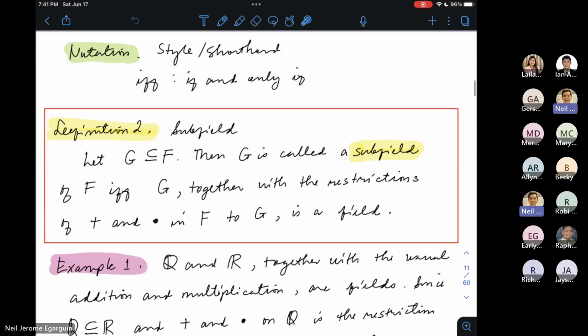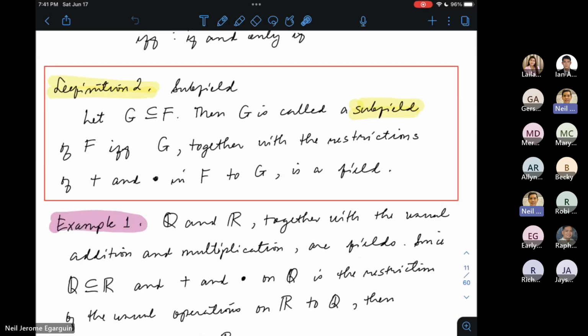All right, so before we go to example, I decided why not introduce the concept of a subfield. Para as we go through the examples, alam na natin ano yung ibig sabihin ng isang field, ng isang subfield. So, to get a subfield, kailangan mo na meron kang field, right?